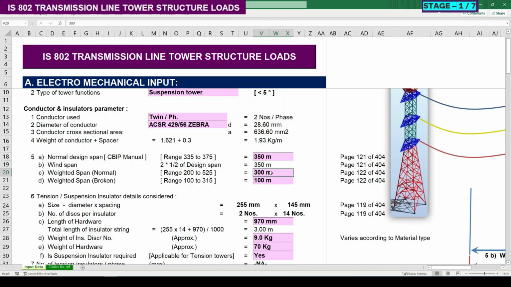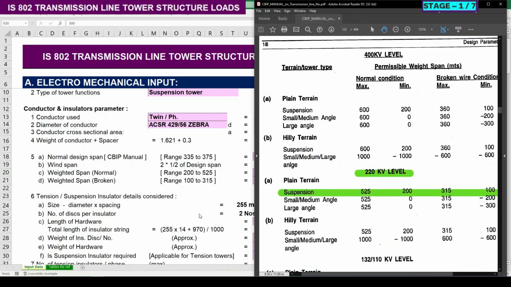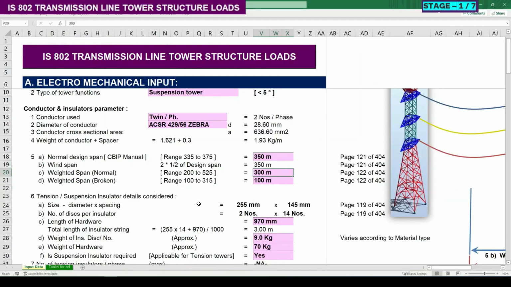For weighted span we are considering 300 meter, which is in the range of 200 to 525 as per the CPAP manual. Similarly, for the weighted span of the broken wire condition we are considering the least of the range mentioned in the CPAP manual, because of our critical load condition. This range is from 100 to 315 meter.